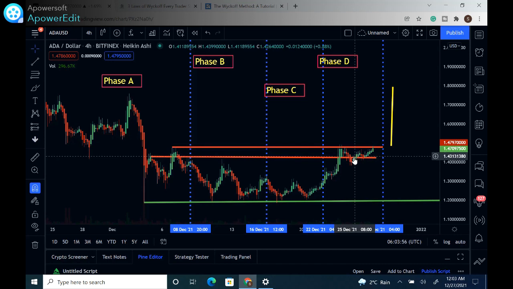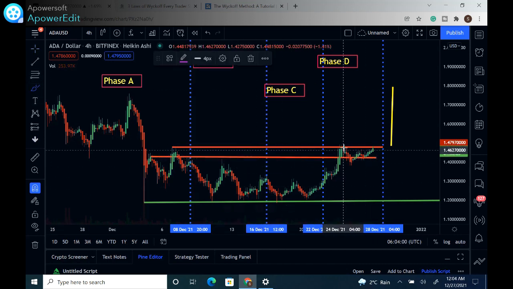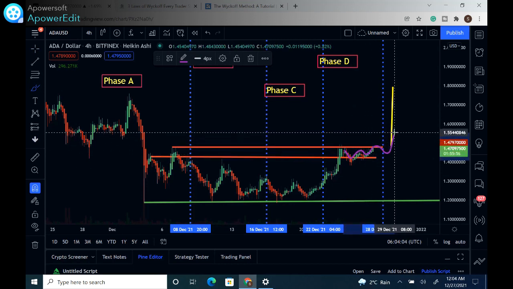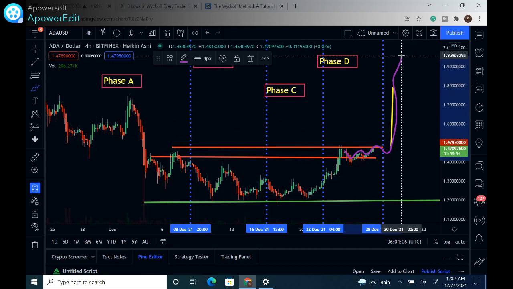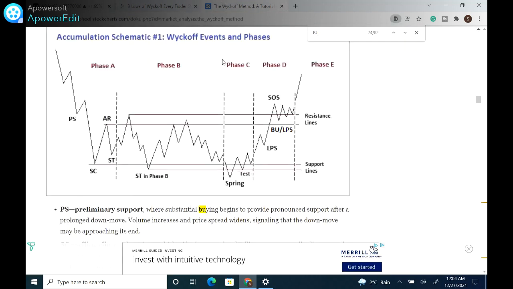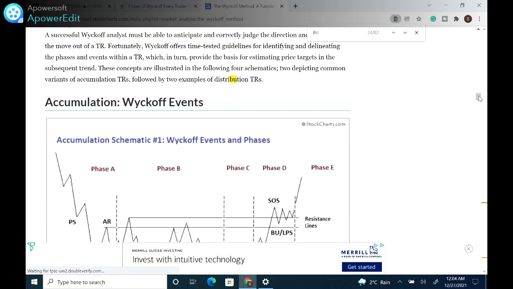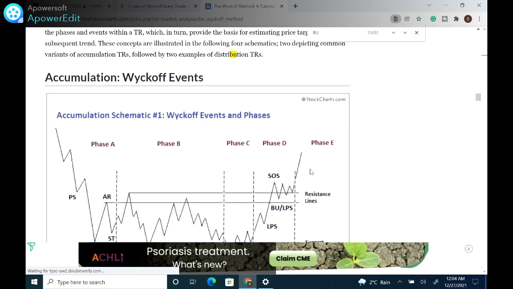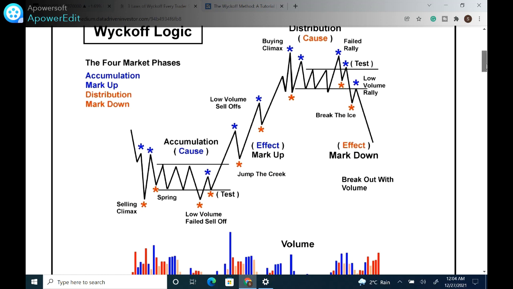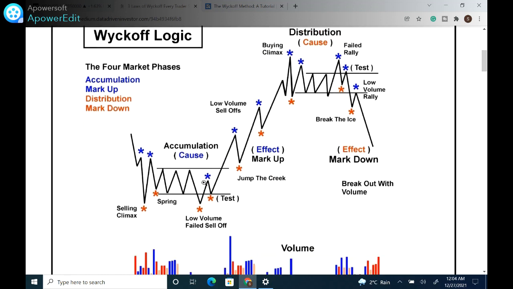So here we will most probably see it like this, and we'll enter phase E, and in phase E we will see significant upward movement of this Cardano price. Like this, and when it reaches like this, then we will see some kind of drop.